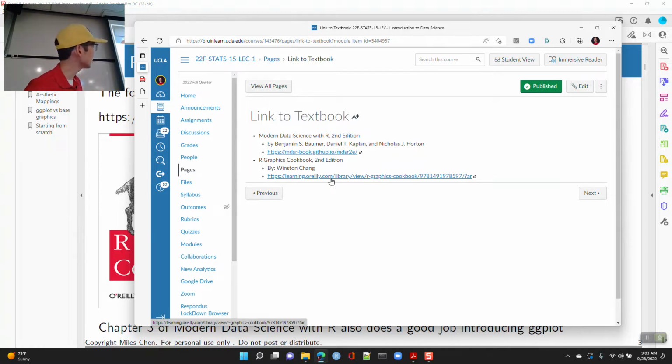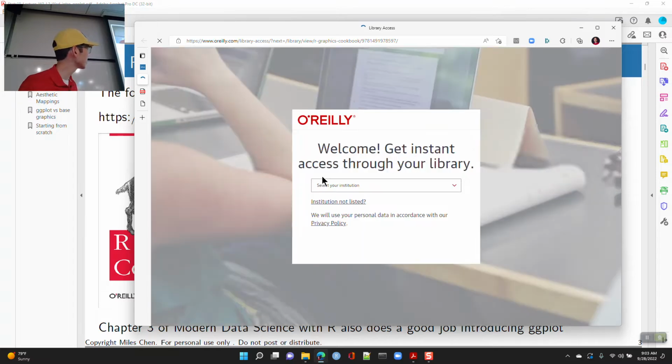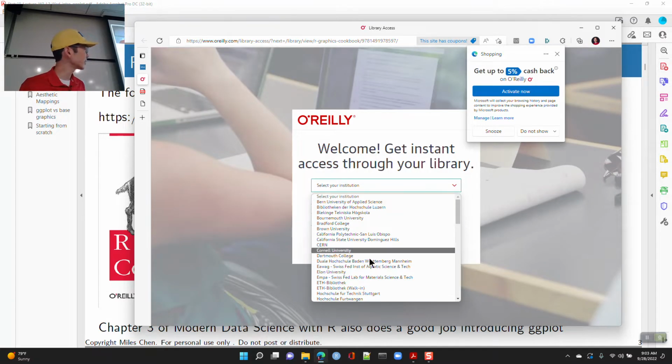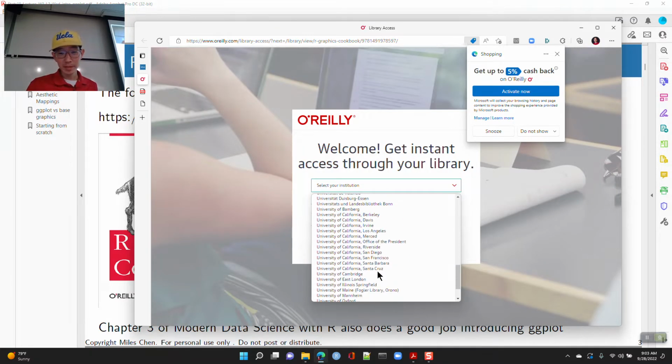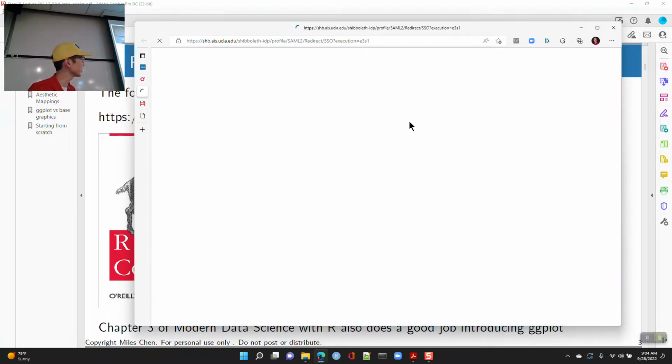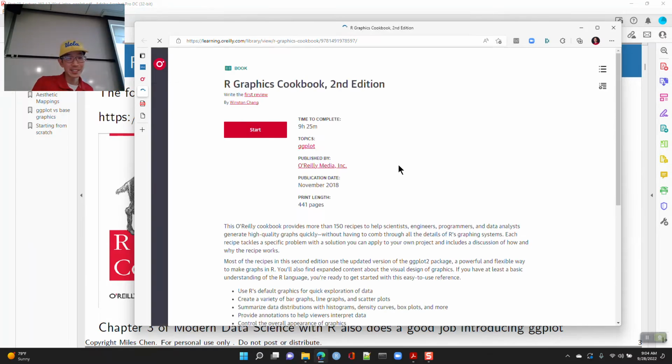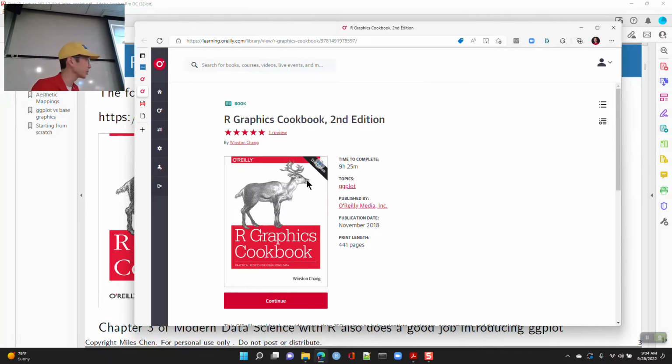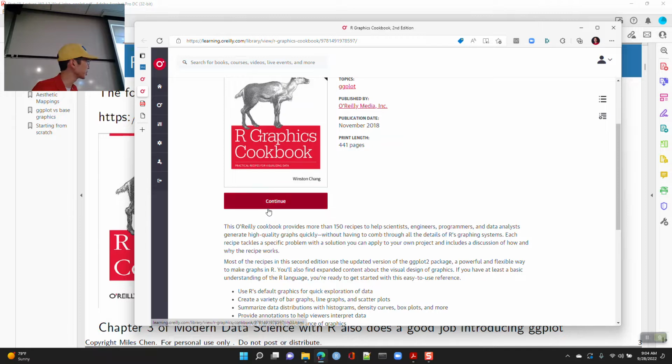You can also click this link, learning.oreilly.com, and part of your tuition money goes to pay for all of this library access, okay? So you can say, I'm with UCLA, you sign in with your institution, you get your familiar UCLA sign-in, and then you can read the textbook in your browser here, okay?